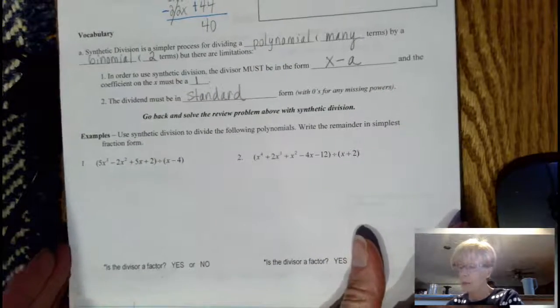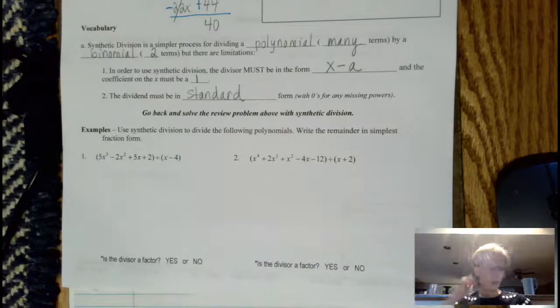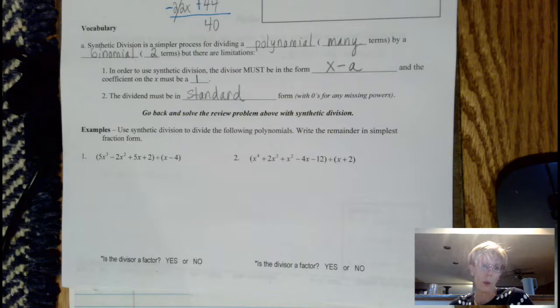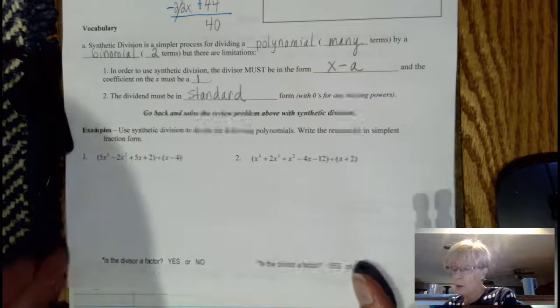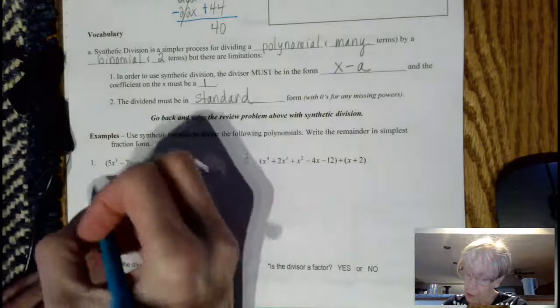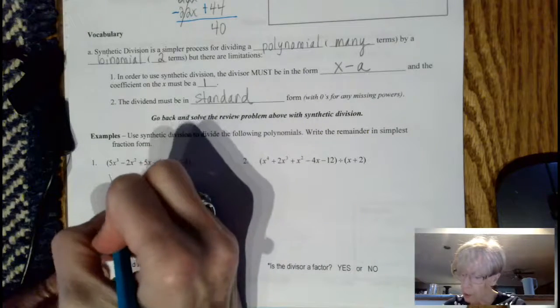If you're taking notes on notebook paper, make sure that you leave 2 lines for your long division part. We're going to have 5, the number in front of the x cubed term, minus 2, the number in front of the x squared term, plus the number in front of the x, plus 2.